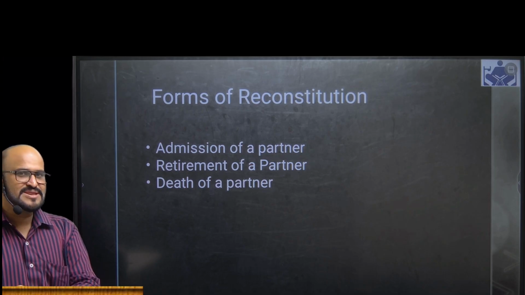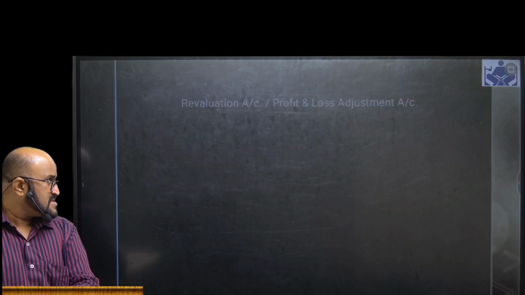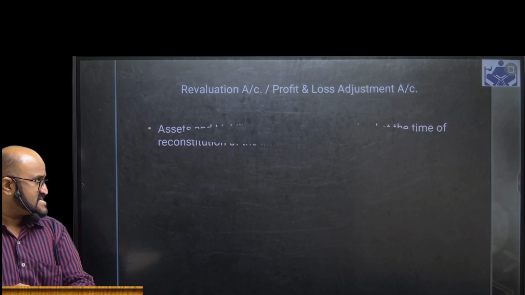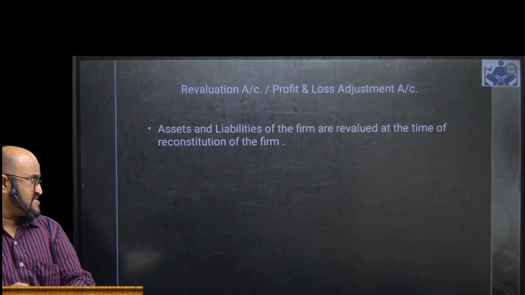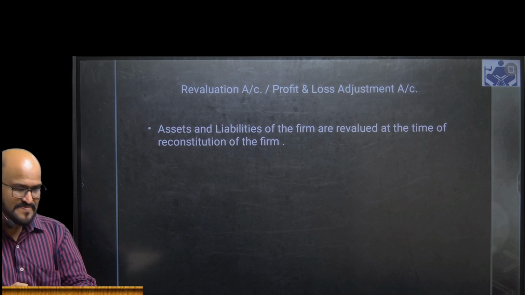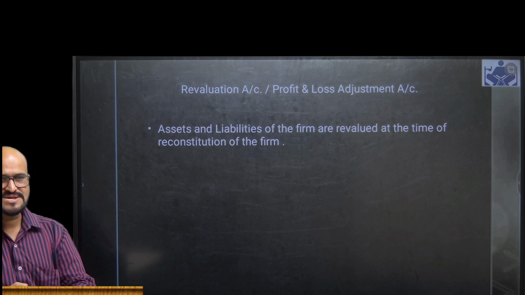So what is the revaluation account going to do? It is going to adjust all the changes that take place in the assets and liabilities of the firm. Revalued assets and revalued liabilities will be shown in the revaluation account.